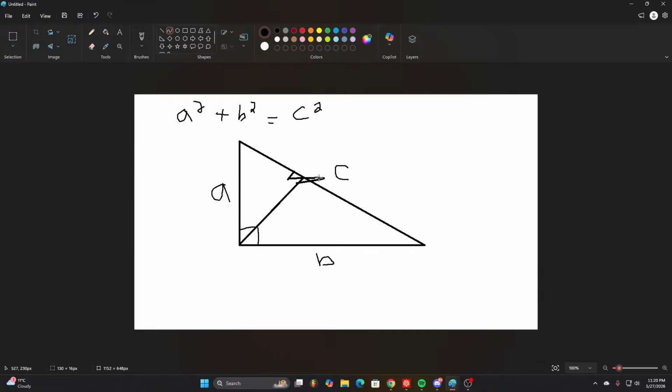Oh, Control Z that. Now we're just going to draw that. It's actually at a 90-degree angle with the hypotenuse. Very cool. Now, let's call this length right here h.